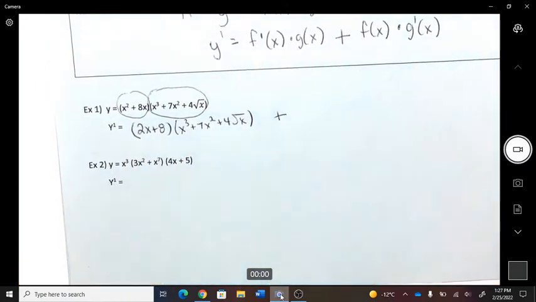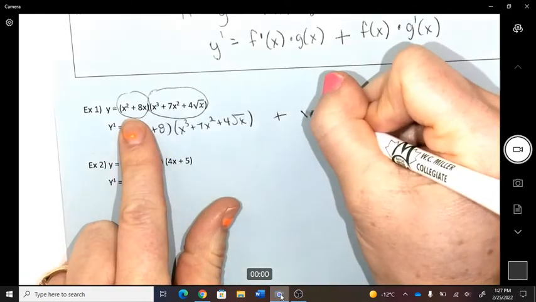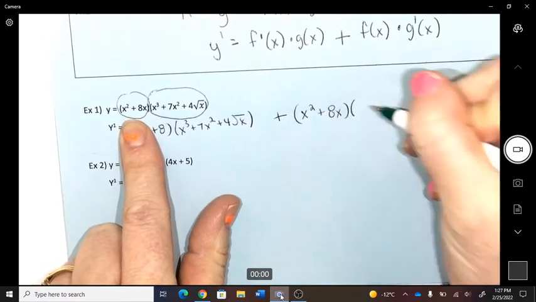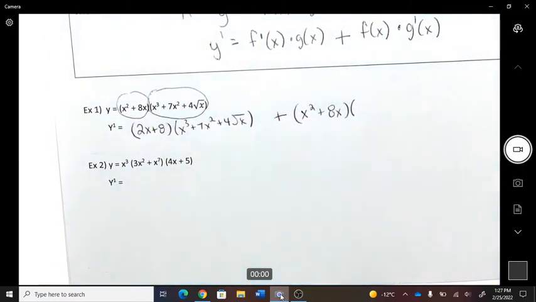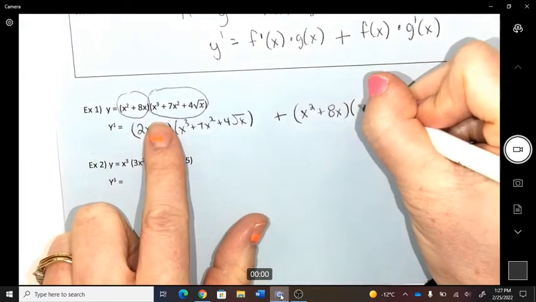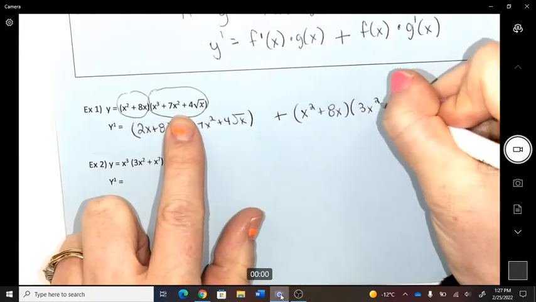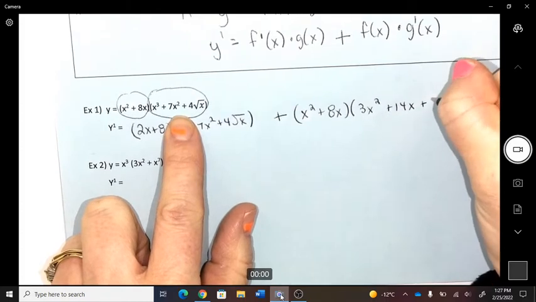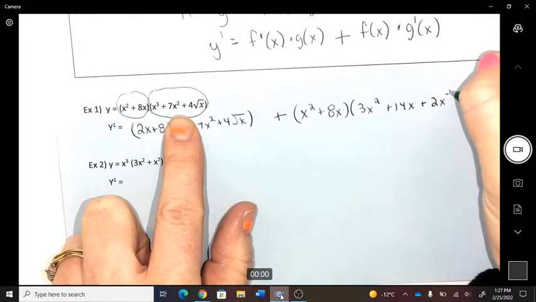Plus, and now I'm going to switch. So this time I'm going to keep the first one, and then I'm going to derive the second one. So 3x squared plus 14x plus 2x to the -1/2.